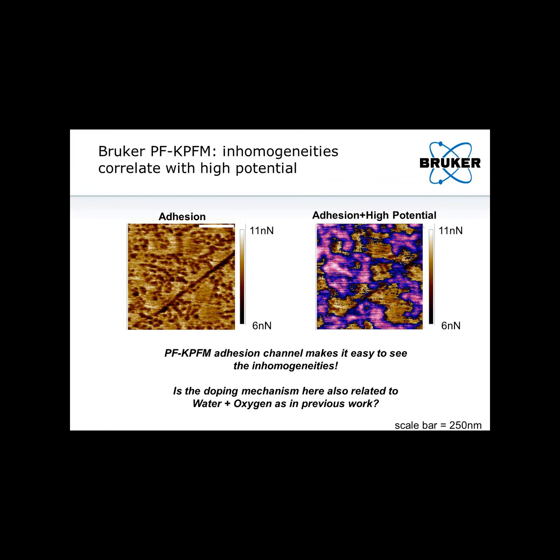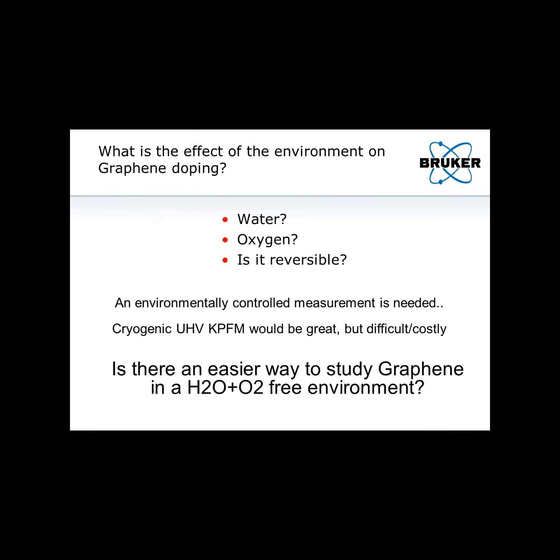So in order to answer such a question, we have to have some sort of environmental control. And the general question of what effect the environment plays on graphene doping, you might want to know what role water plays, oxygen, and is this reversible?